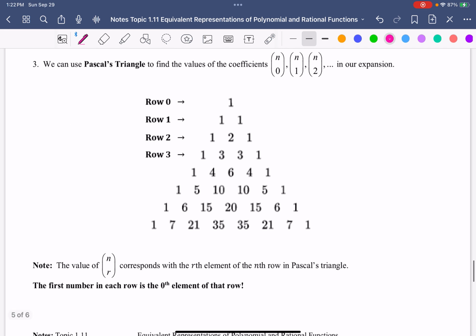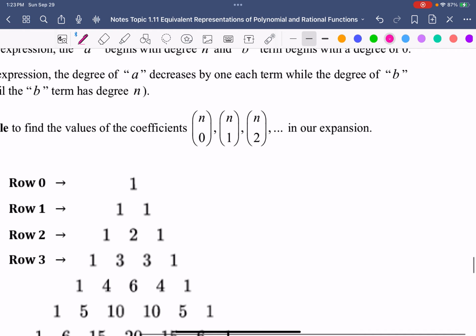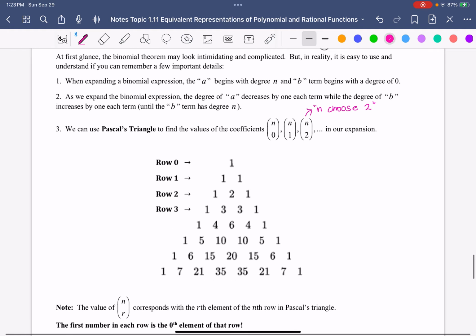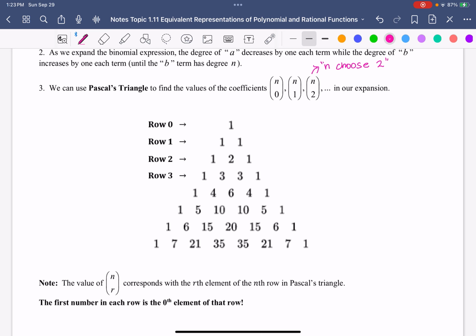We can use Pascal's triangle to find the values of the coefficients n choose 0, n choose 1, n choose 2 in our expansion. When you read these, you're going to say n choose 0, n choose 1, n choose 2. And you're basically just going in order, starting from 0 every single time.